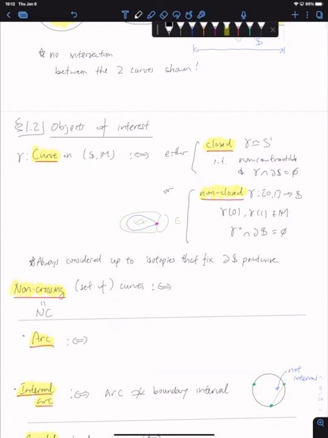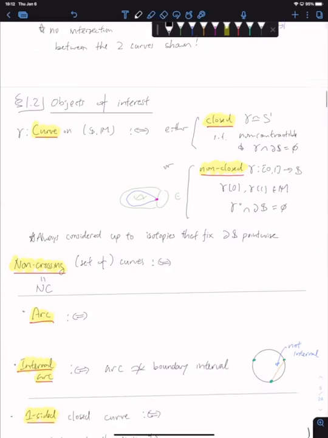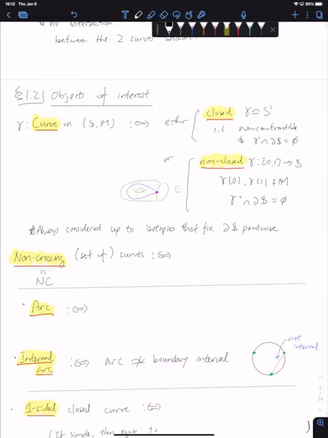Right. So the main notion of the talk is the non-crossing property. By non-crossing, I always mean that there are no intersections between a curve and itself or between curves and other curves. I can allow intersection at the marked points, so at the endpoints.